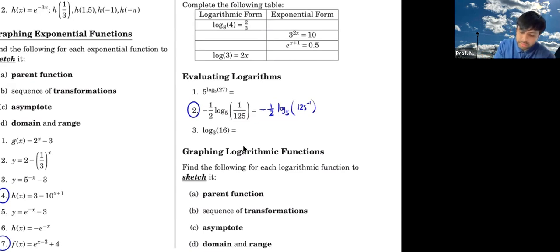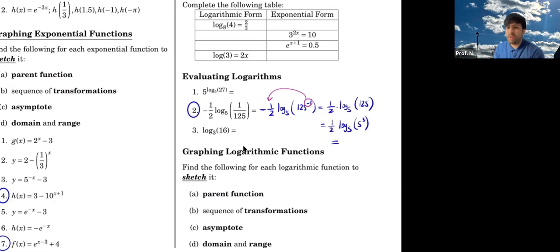Now I'm going to put this negative 1 in front. But negative 1 times negative a half is positive. So this becomes 1/2 times log base 5 of 125. But 125 is 5 cubed, so I can write this as 1/2 log base 5 of 5 cubed.